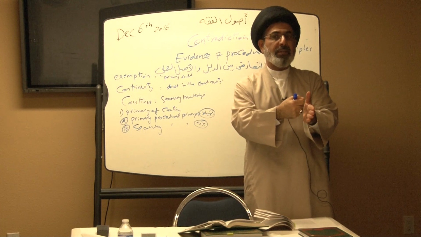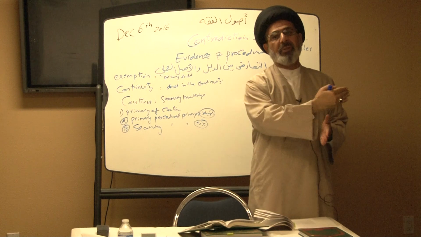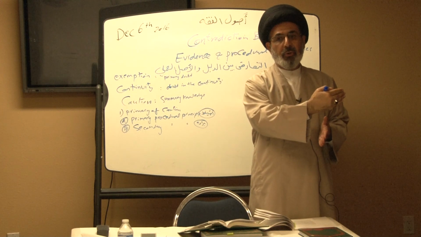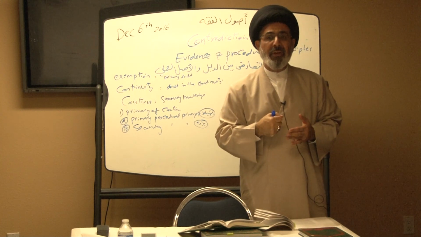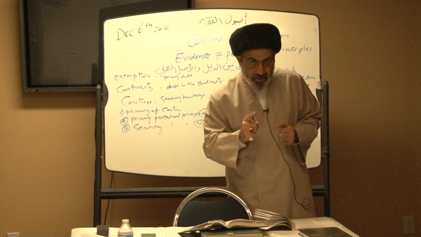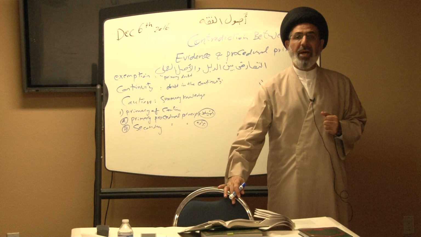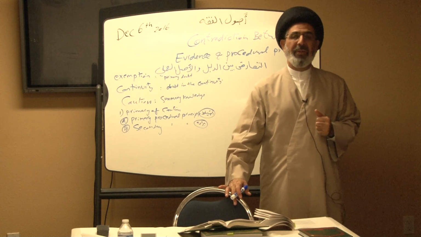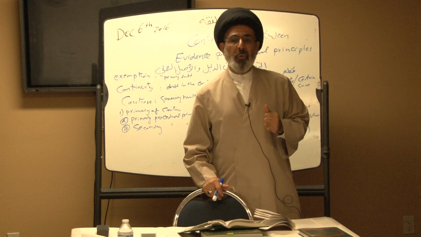Here, Sharia says you have to assume that it is continuing. Don't stop unless you have another type of what? Certainty. Okay? So do not break certainty with doubt. Break it with another type of certainty.